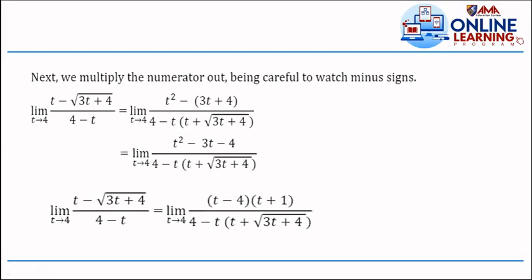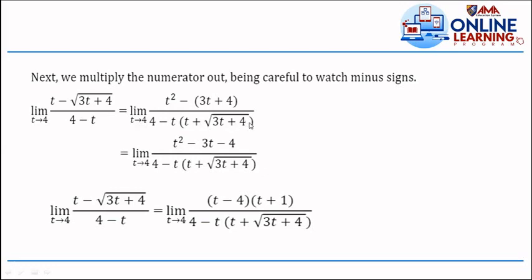Ito yung sinasabi ko sa inyo, a plus b, a minus b, we have a squared minus b squared. Yung b squared dito, nag-cancel yung squared, kaya yung square root. Kaya wala nang radical expression doon sa numerator po natin. Okay? Pero sa denominator, ganun pa rin, 4 minus t multiplied by t plus square root of 3t plus 4.